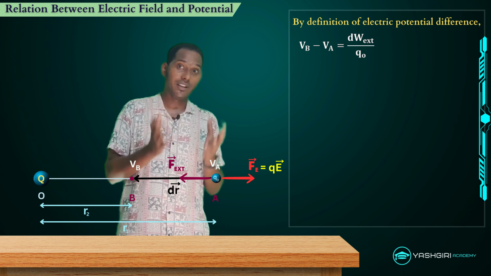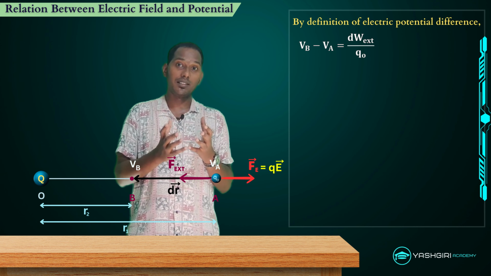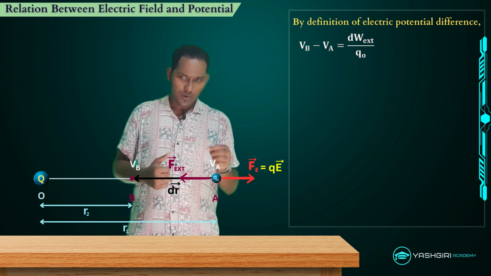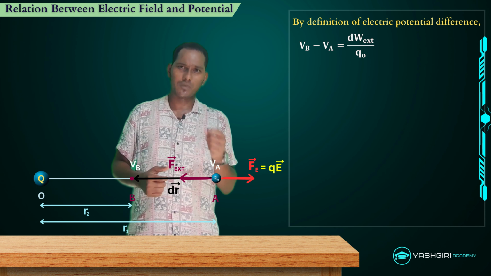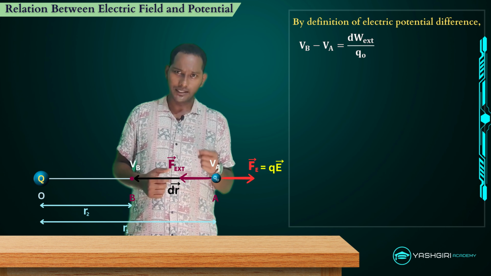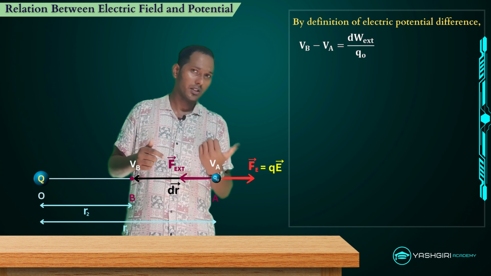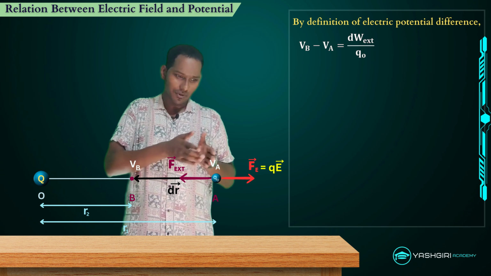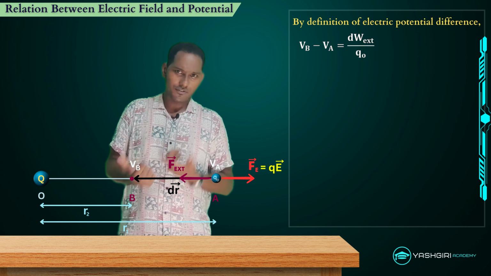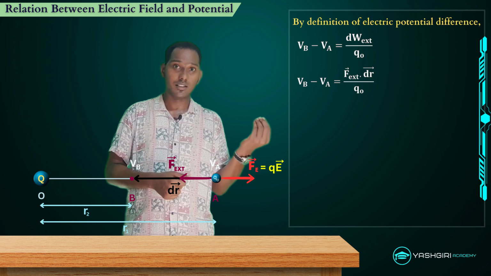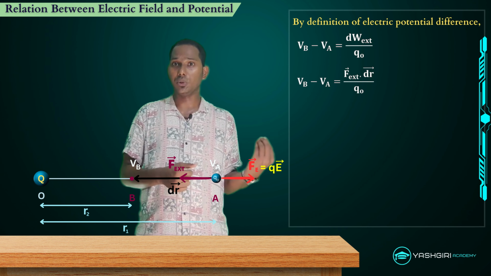One of the assumptions was that the acceleration of this test charge will be 0, that is, we move this test charge with a very small constant velocity. That is why F external will be equal and opposite to the electrostatic force, and of course the displacement. So this is the equation: vector F external dot vector dr divided by q naught.